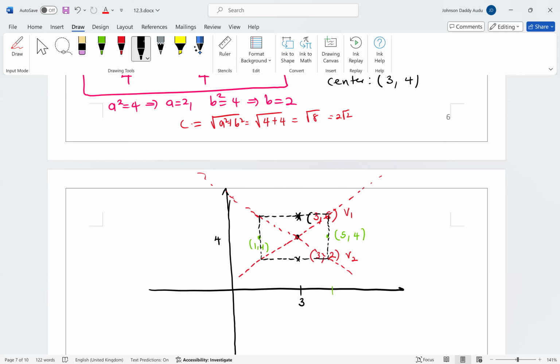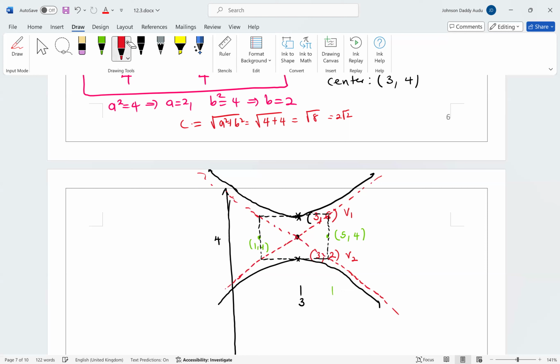Remember this is our vertex here, so it's just going to cut the vertex like this, close to the asymptotes, and also here, something like this, close to our asymptotes. So these are our lines of asymptotes. And so that will be the graph, how it looks.